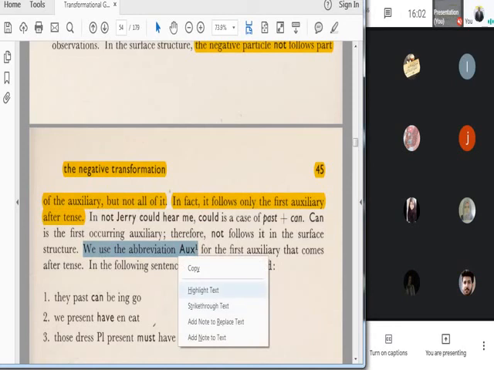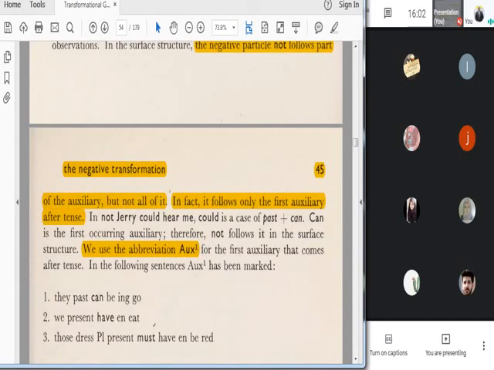So how do we represent this? By representing it with auxiliary 1, or aux1, for the first auxiliary that comes after tense. So whenever I ask you from now on about aux1, what would you say? What is aux1?